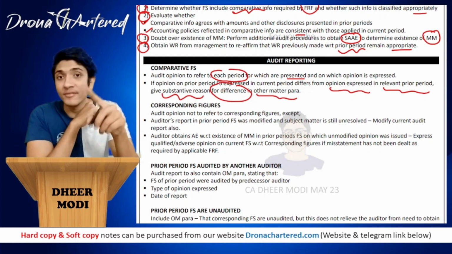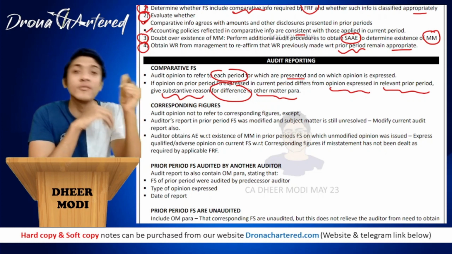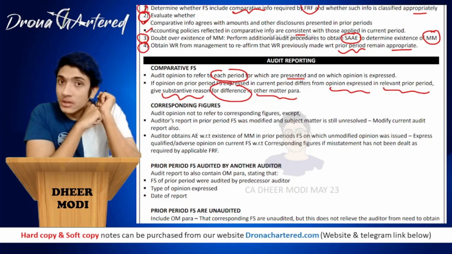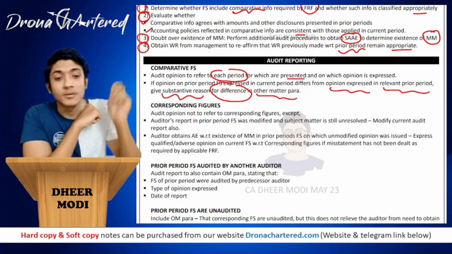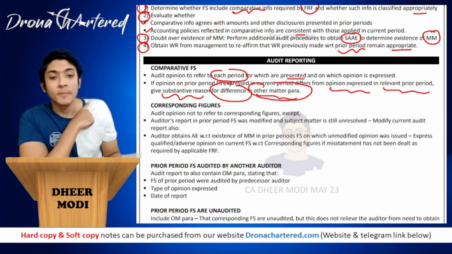The other matter paragraph we have already studied in the previous video. So in the other matter paragraph you will have to give the reason as to why there is a change in opinion in both periods regarding the same information. Remember, this has to be put in your other matters paragraph.